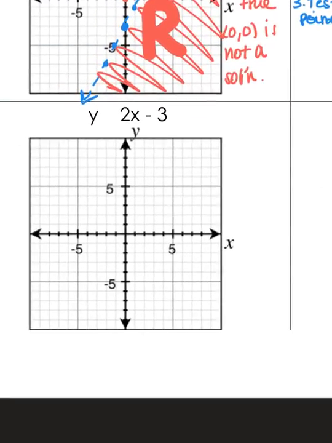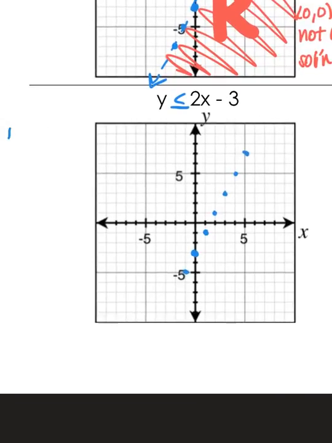The next one we'll look at is y less than or equal to the line. So again, start with plotting those same points since it's the same line. Okay, so we did the points already. Now we need to decide if it's dashed or, sorry, dashed or a solid.